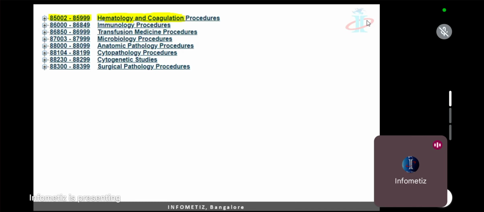85032, manual cell count. And 85041, red blood cells automated.